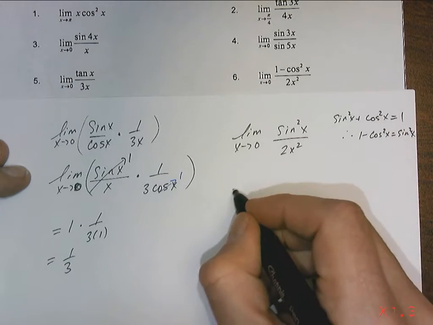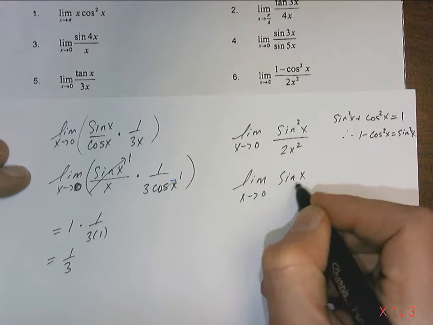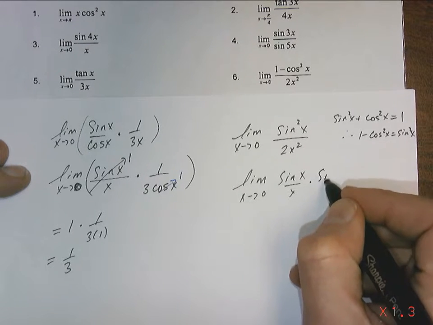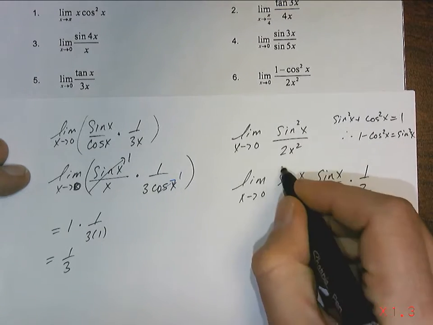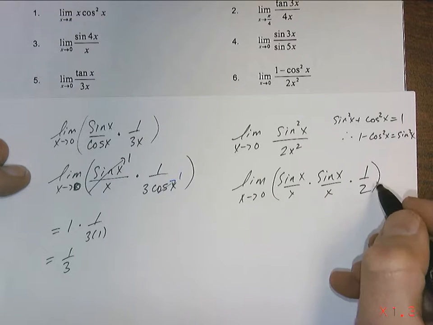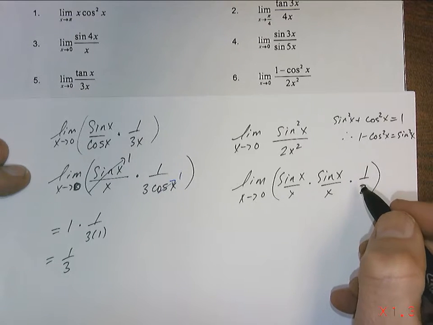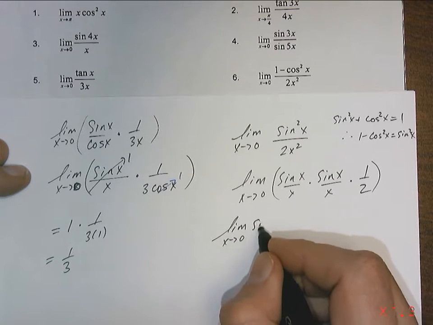So now I can break this up. I've got enough to go around. So the limit of sine x over x will be 1, the limit of sine x over x will be 1, and the limit of the remaining factor is going to be 1/2. So if you wanted to, you could write it out. I'm not seeing much point in it.